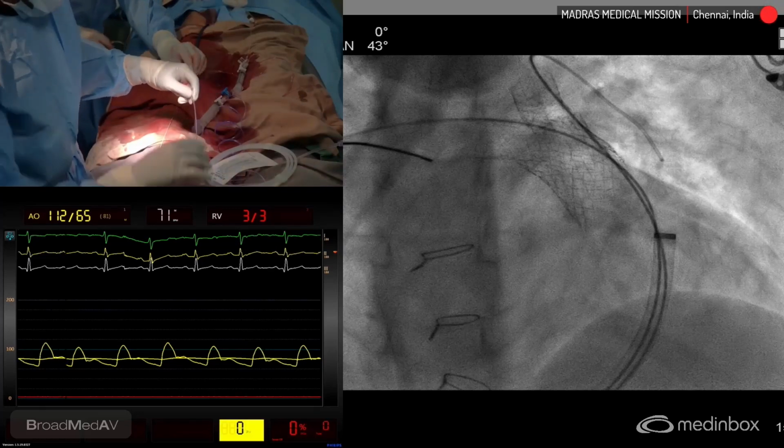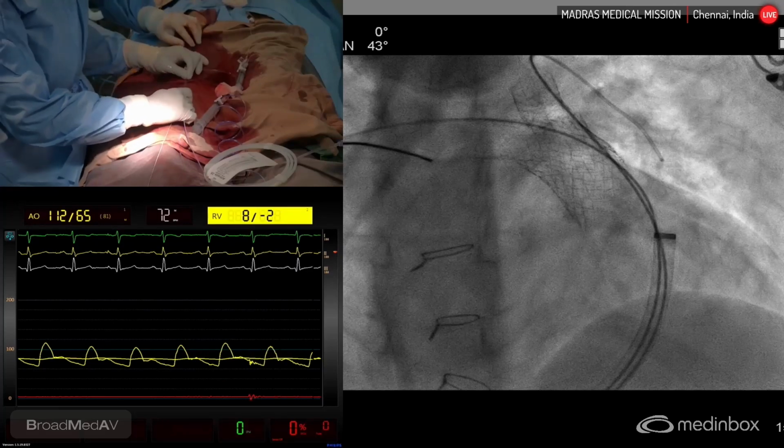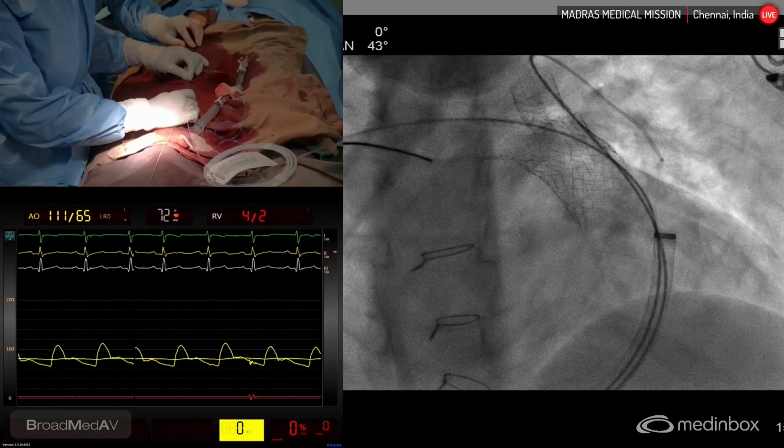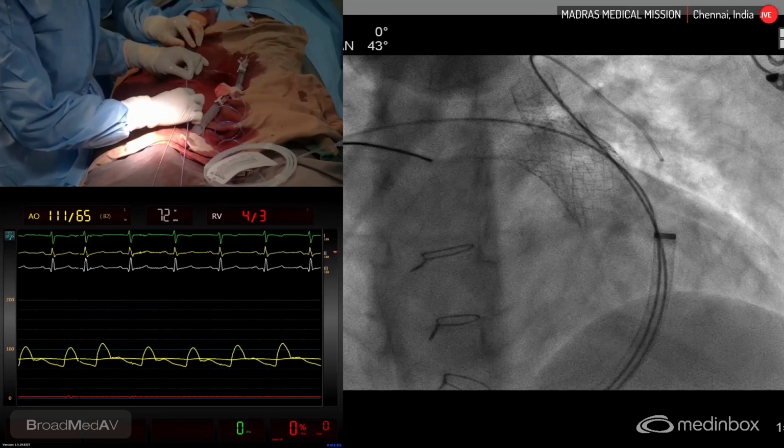We'll get another drape. Can you remove that syringe? Hold the wire, please. Keep it straight and hold it.